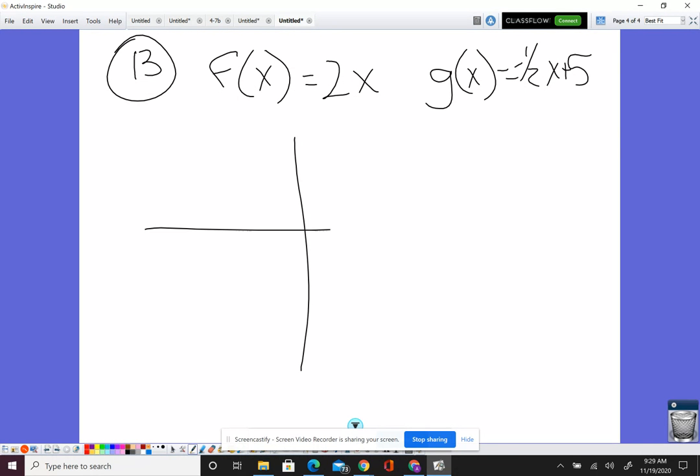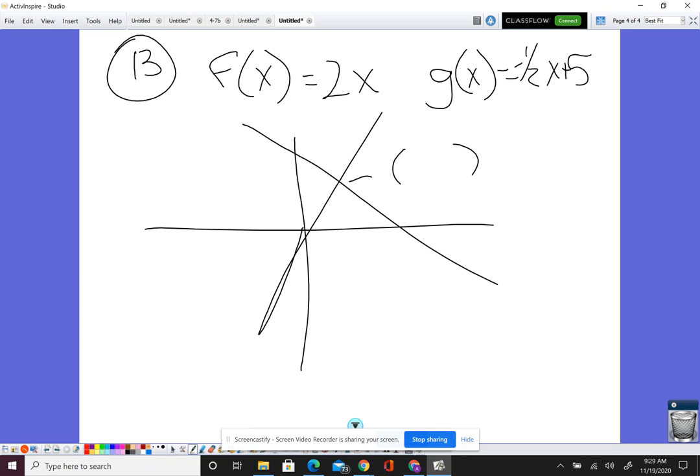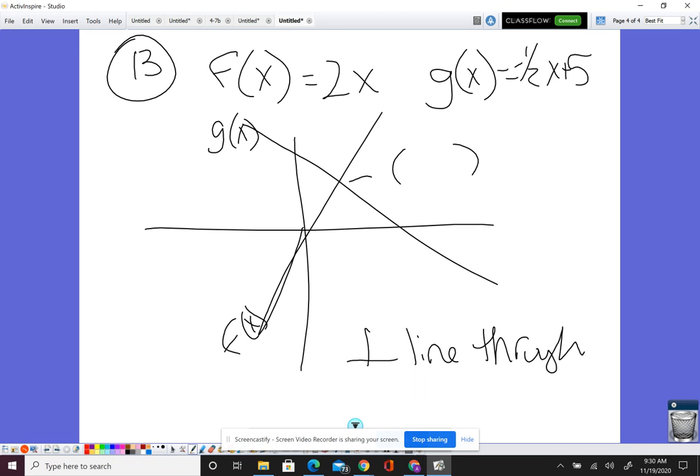So that's what you would be looking at for your discussion of how to describe the transformation. The transformation from f of x to g of x is a perpendicular line through the point 2, 4.